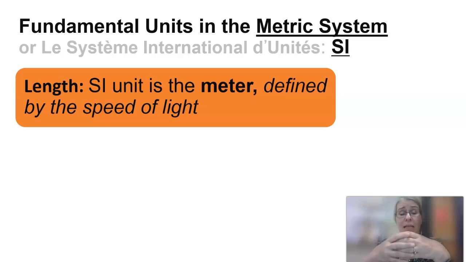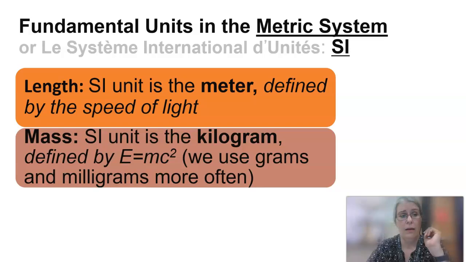So the SI meter, there's not like a meter stick somewhere that is the official meter. The SI meter is actually defined by the speed of light. And light always travels the same speed as long as it's moving through a vacuum. Doesn't matter where you are in the universe.